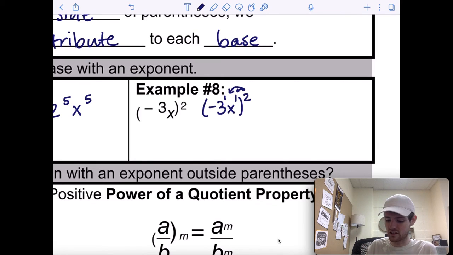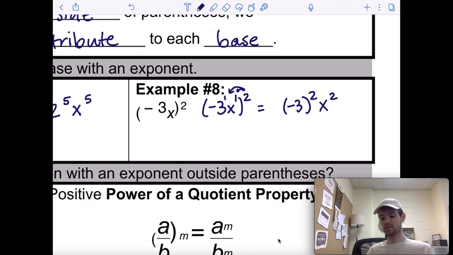This is what's interesting about this problem though. When we see that negative 3, we actually want to make sure we put that in parentheses. Our answer is going to be negative 3 squared, x squared. When we simplify that, we'll get 9x squared.